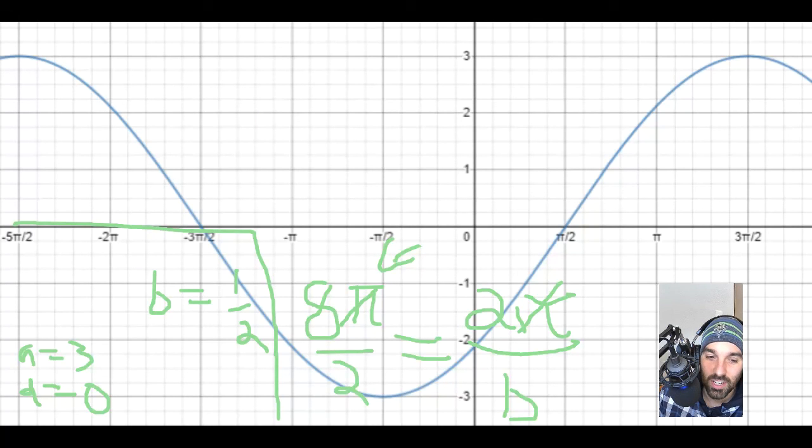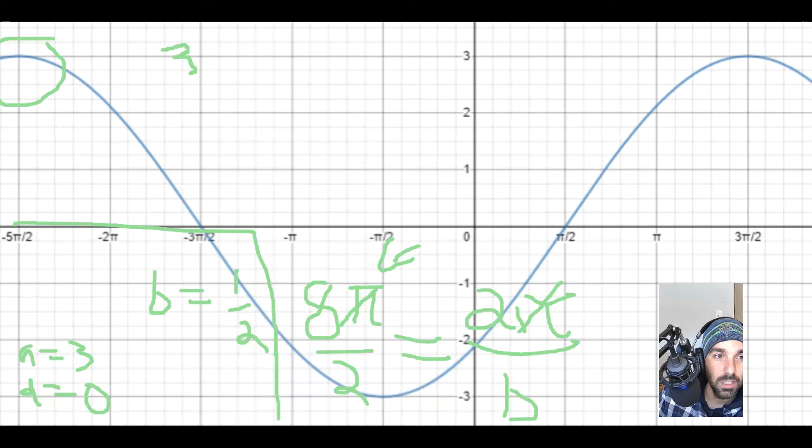At this point, I just have to figure out whether I'm going to use cosine or sine, and what phase shift I'm going to use. I'm going to start here, because I think that's easy. If I do that, it starts at a max, so I'm going to use cosine.